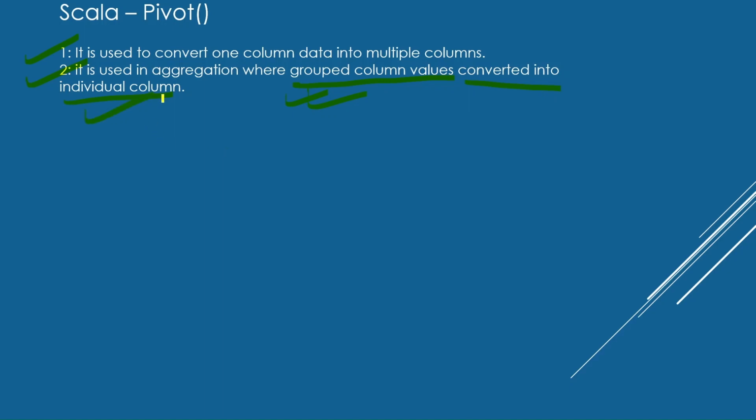I will show you how it generally works. Maybe at this point of time you are not able to understand why I'm talking about group data, columns only, rows only, being converted into individual columns. But when I show you in the practical, you will be able to understand it.